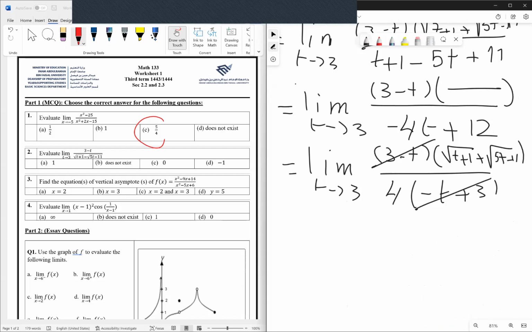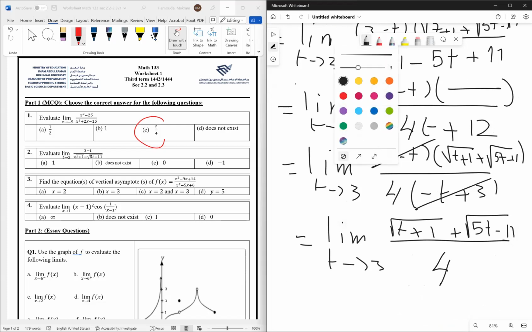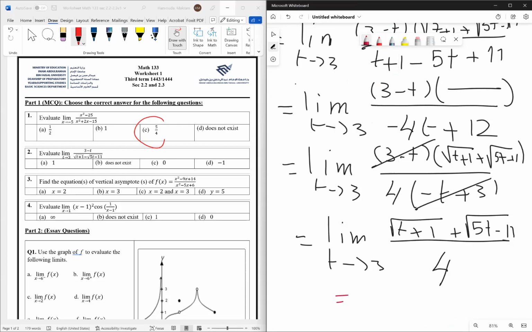Okay, so this is equal to limit t approaches 3 of the remaining part, which is only 4 in the denominator, and root t plus 1 plus root 5t minus 11. And substitution will give me root 4 plus root 15 minus 11 over 4, sorry.